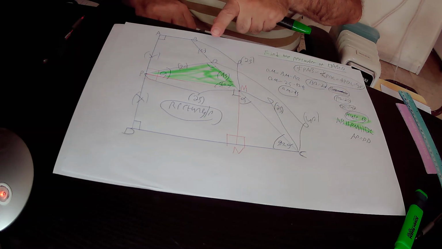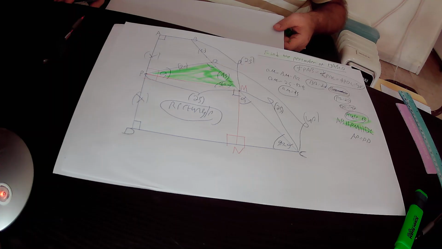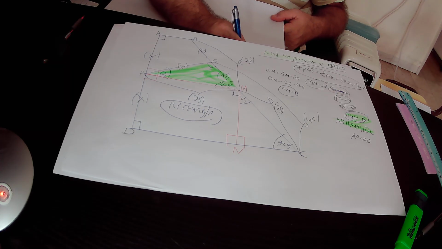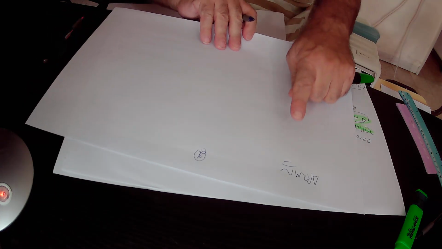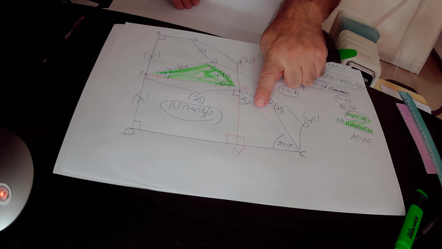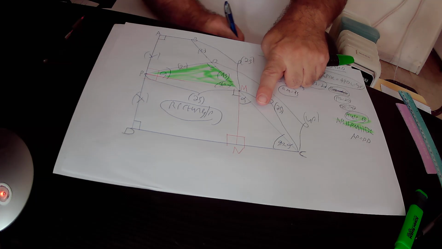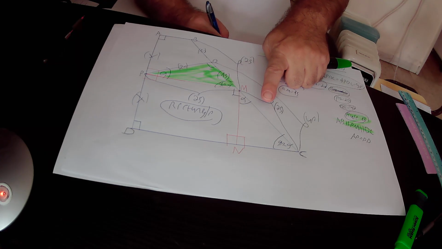We actually found out that the green right triangle PQM is congruent, this is the sign of congruent, to the lower right triangle MNC according to the angle side angle rule.